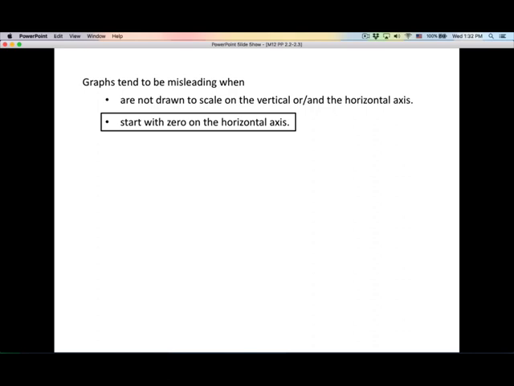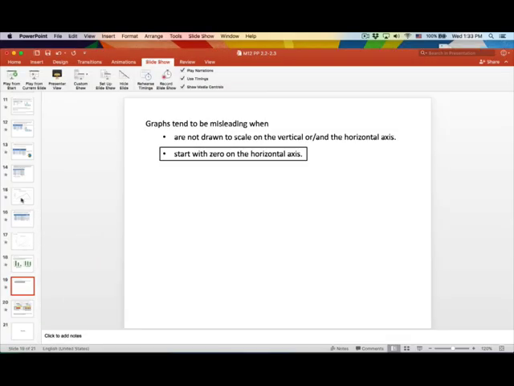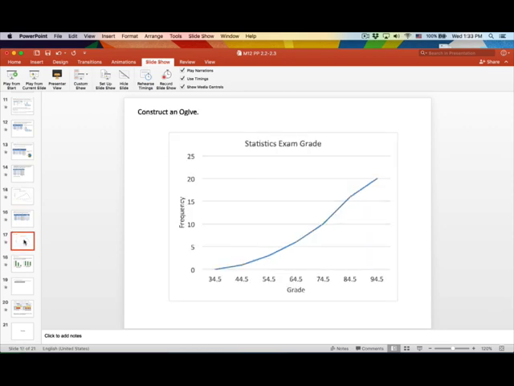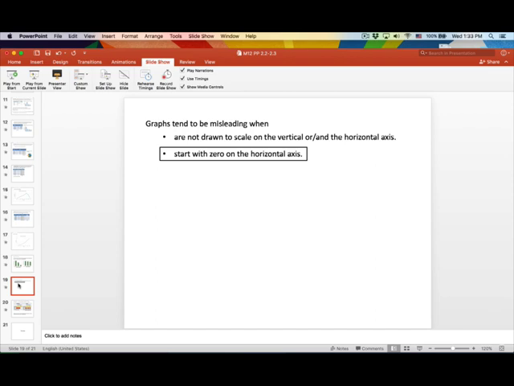But it's a different story for the horizontal axis. We don't need to start with 0 on the horizontal axis. If you look at the frequency polygon example we did, the horizontal axis didn't start with 0. Even in the ogive here, we didn't start with 0 either.